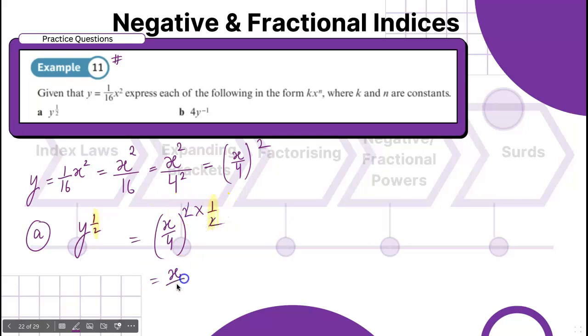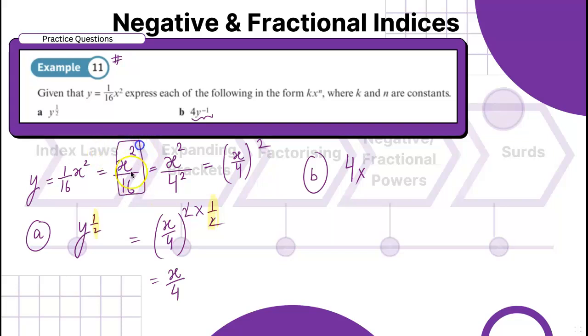Answer is x over 4. Correct? Now for B part, it's 4 y inverse. Inverse thing we discussed, it flips. So it would be 4 times y, which is x squared over 16, so that would be 16 over x squared. So it would give us 16 times 4 is 64 over x squared. And that's your answer.